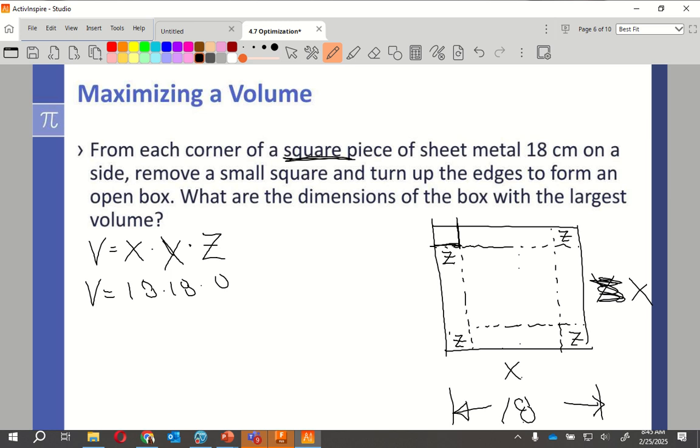So what would I say for my x value, the whole thing? 18 minus 2z, because I'm cutting off two z's. Down here on the bottom, I should have 18 minus 2z, and that's the length there and the length there.